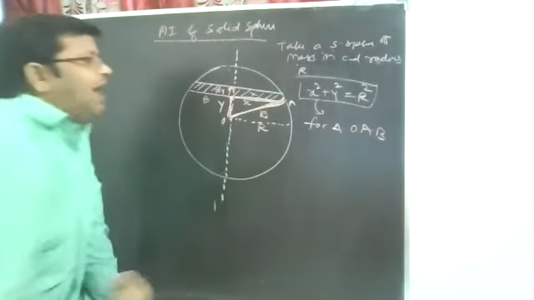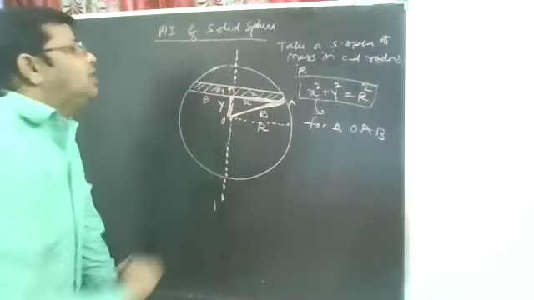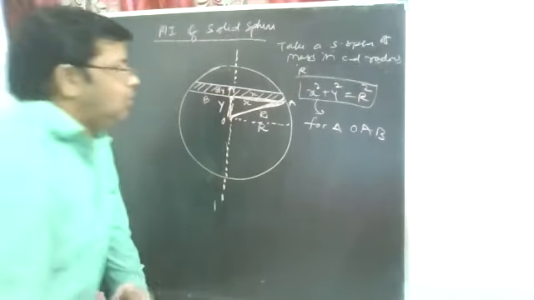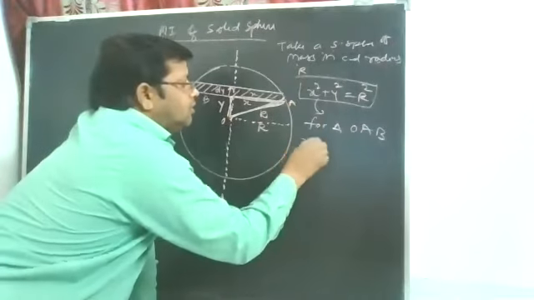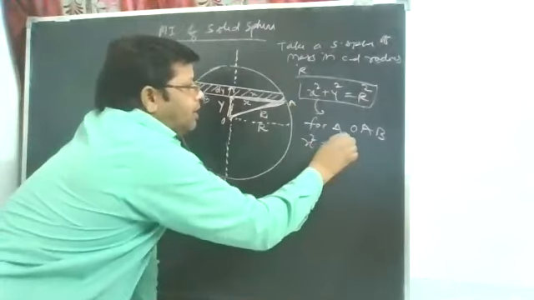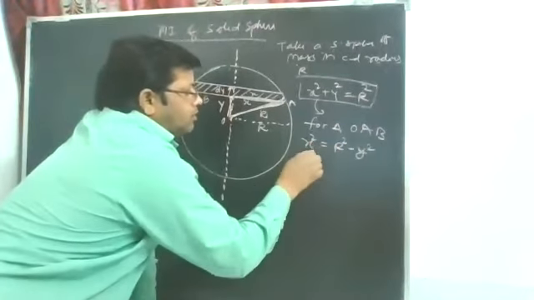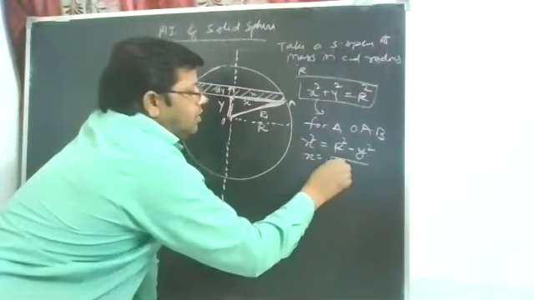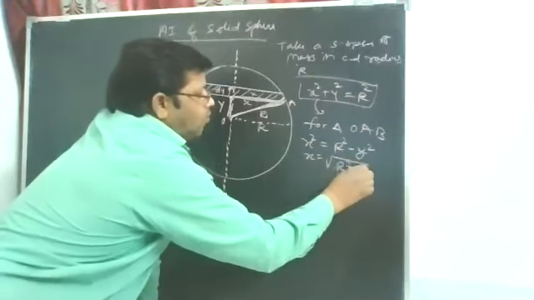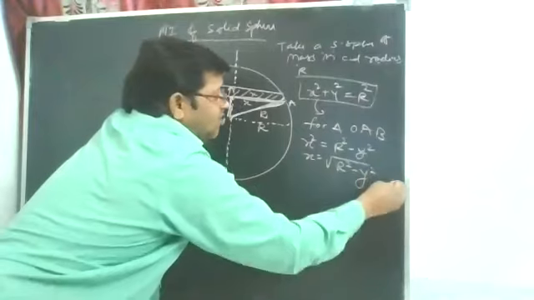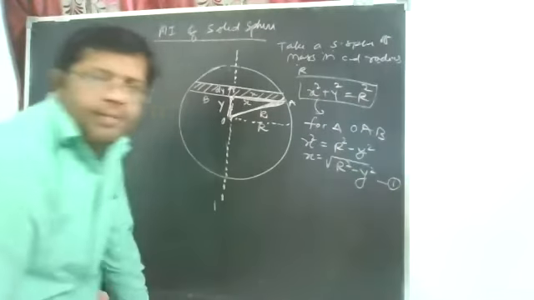Now, what is the value of x square? r square minus y square, or x is equal to root under r square minus y square. This is equation number 1.